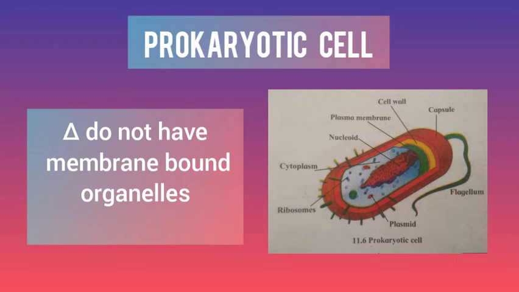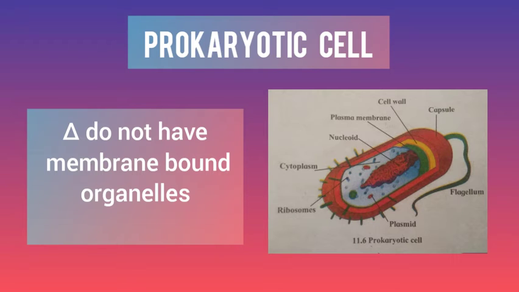Well, prokaryotic cell. These cells do not have membrane bound organelles such as present in eukaryotic cell. In eukaryotic cell, we know that membrane bound organelles were present. In this cell wall is present, capsule is present, plasma membrane, nucleoid. Here true nucleus is not present, nucleoid is present.